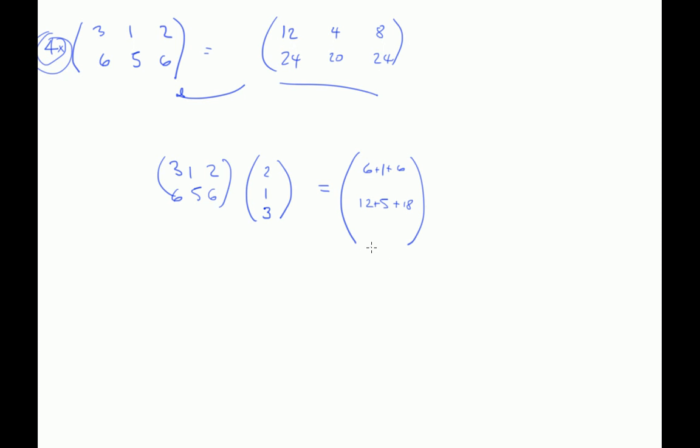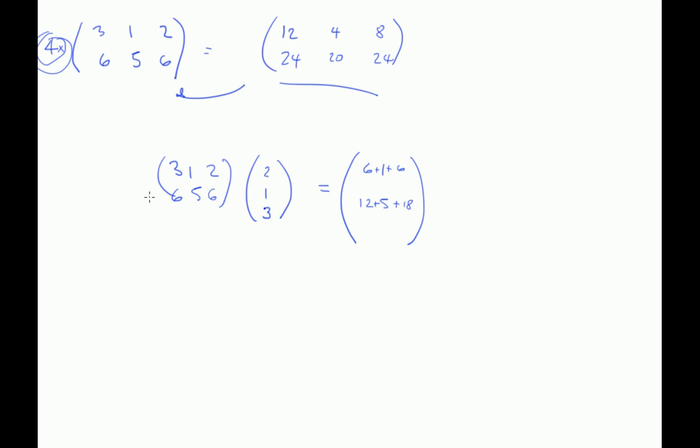So each element in the top row is multiplied by the corresponding element in the first column, or the only column in that case, and then those products are added.